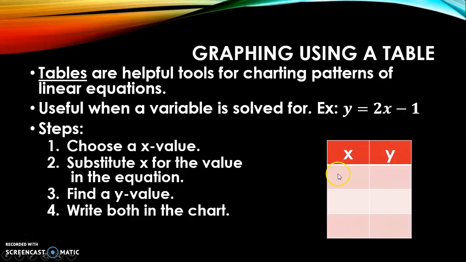You need to replace the value you picked for x into the equation and find the y. You would do it 3 separate times, solving for y. When you find all those y values, you write them in the chart. And it's that simple. Once you have your chart fully made, that's when we can start graphing.